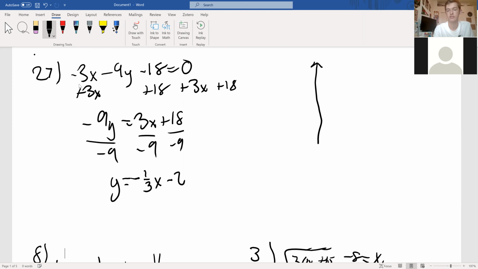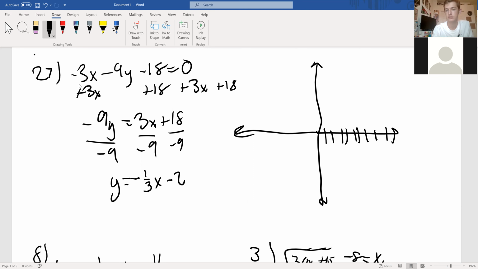And then now it's graphing time. They do like 10. 1, 2, 3, 4, 5, 6, 7, 8, 9, 10. So the first thing that I graph is my y-intercept.